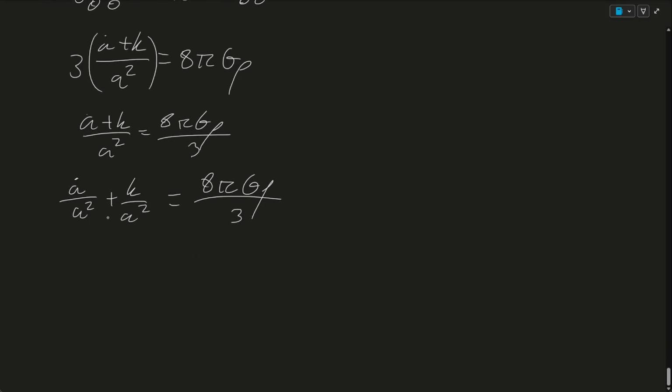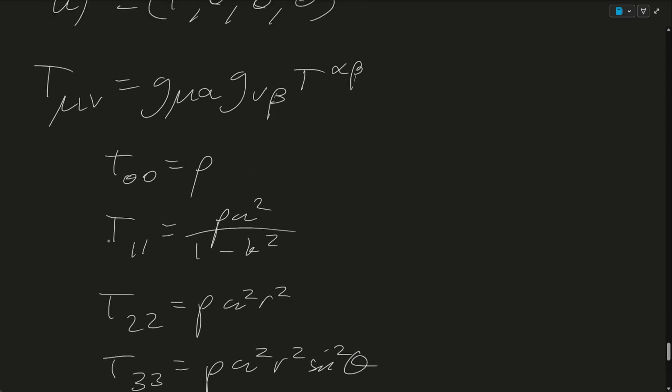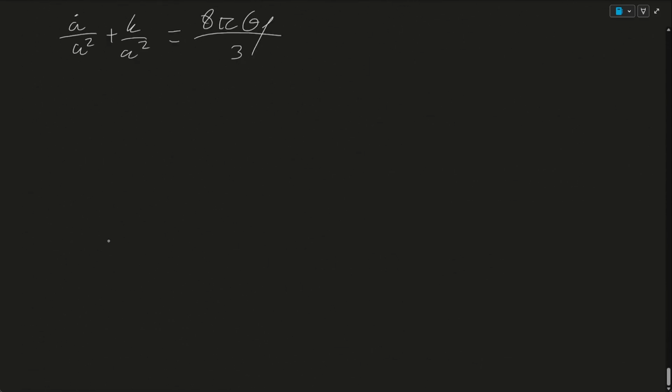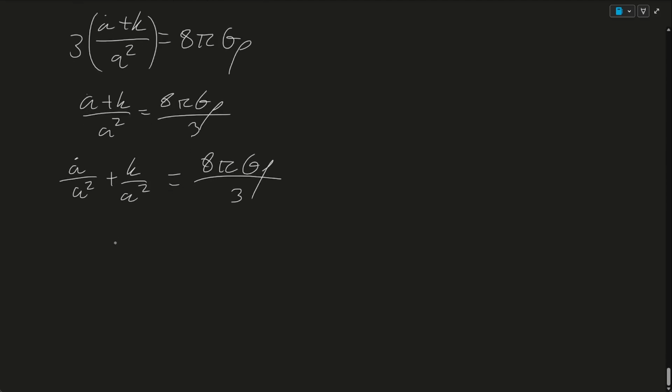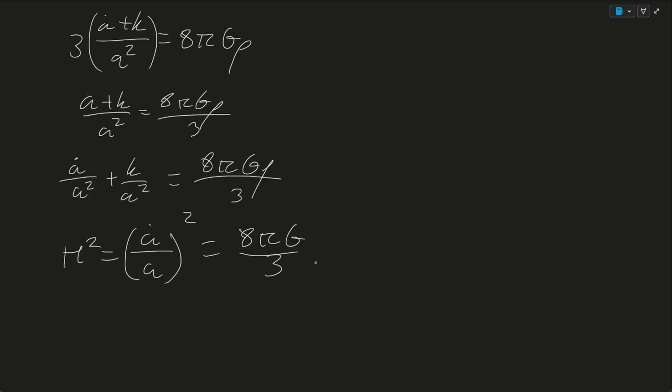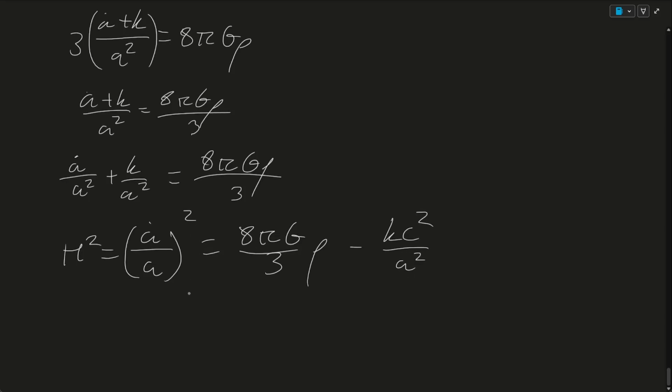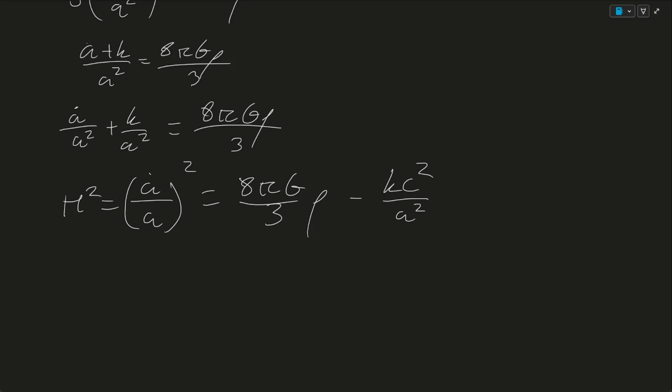And this brings us to our Hubble parameter. I'm not going to scroll all the way up, it's quite far up, but that being a dot over a. So we can restore c here, and it holds that H squared is equal to a dot over a all squared, which is, using this, 8 pi G over 3 times rho minus k c squared over a squared, just to make our naturalized units function. What does this mean?